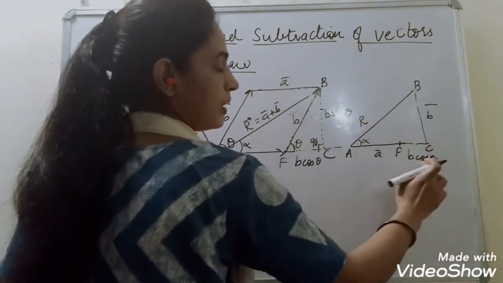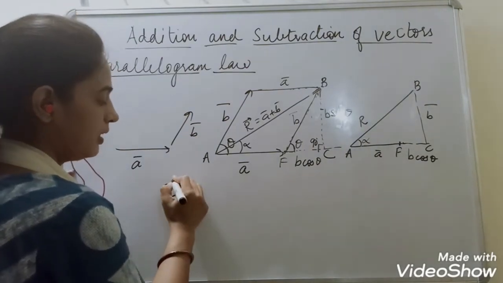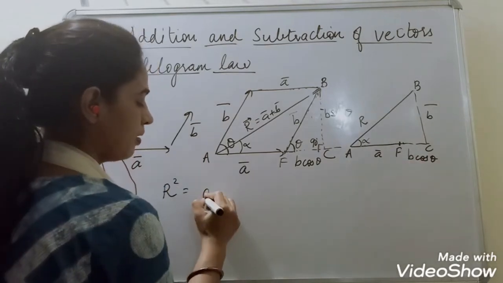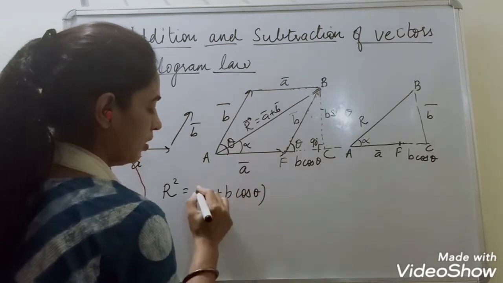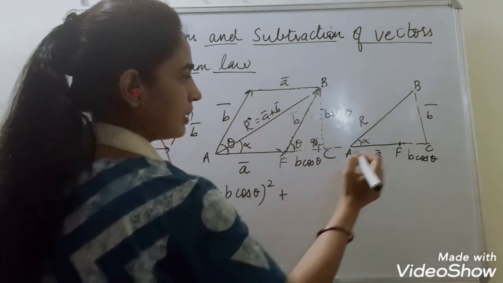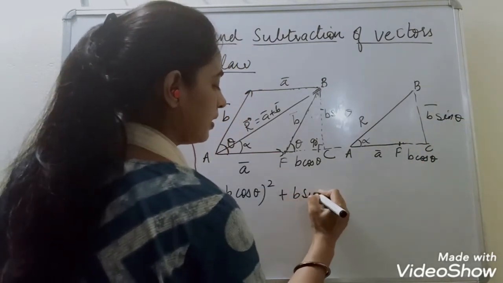So now in this big right angle triangle we can write the resultant square is equal to this base square, a plus b cos theta whole square, plus perpendicular square, that is b sin theta whole square.